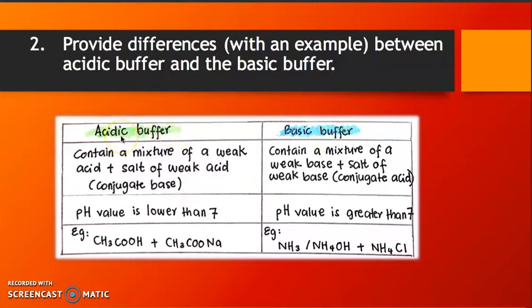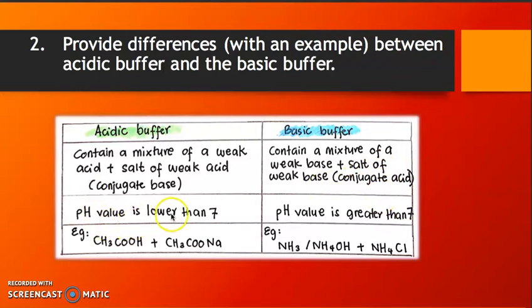For an acidic buffer, it contains a mixture of a weak acid and a salt. The salt is the conjugate base, the salt of the weak acid. For a basic buffer, it contains a mixture of a weak base and the salt of the weak base, known as the conjugate acid.